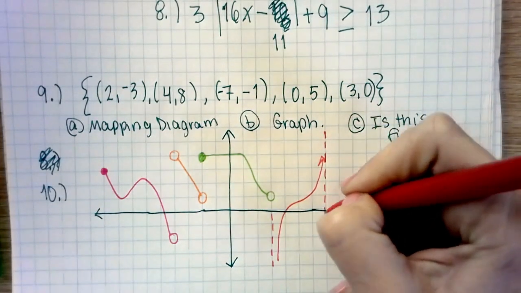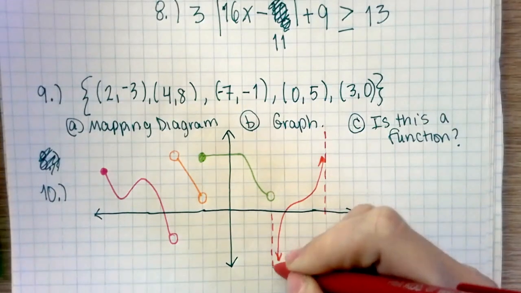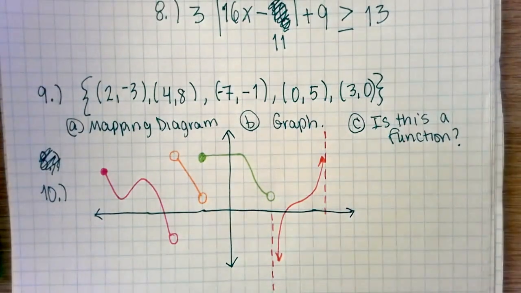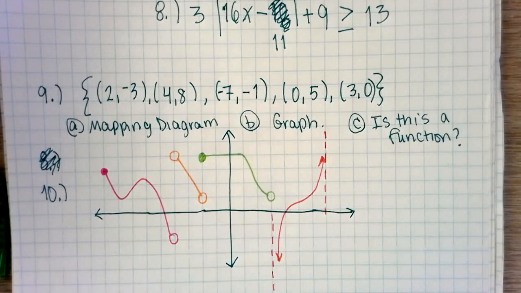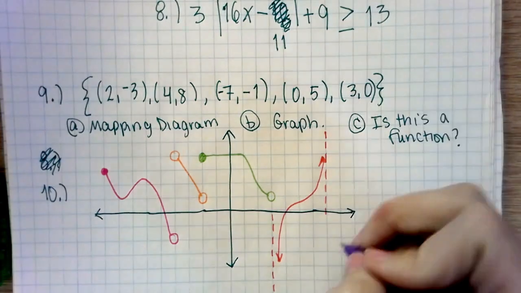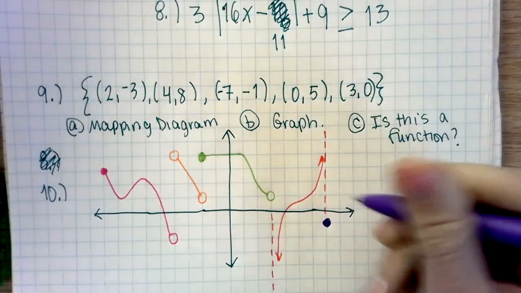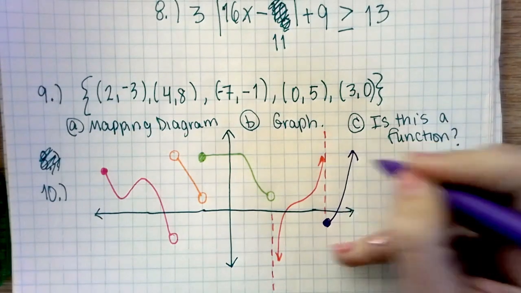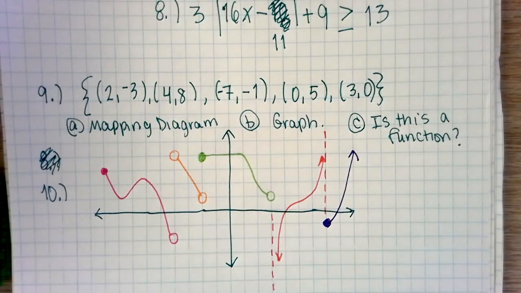Here we have another asymptote. Okay, and then maybe over here, and like that. Could you find the domain? Could you find the range?